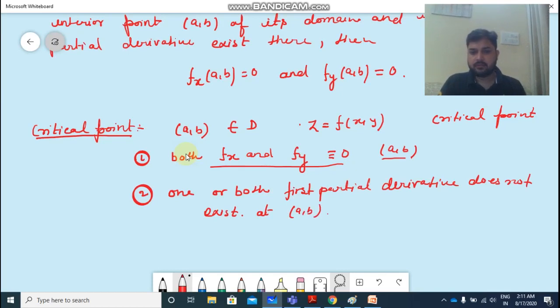Either both derivatives exist and are equal to 0, or at least one partial derivative does not exist.